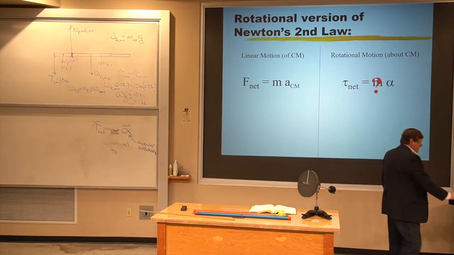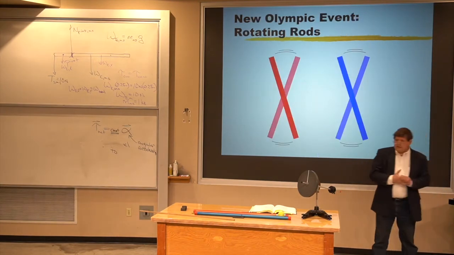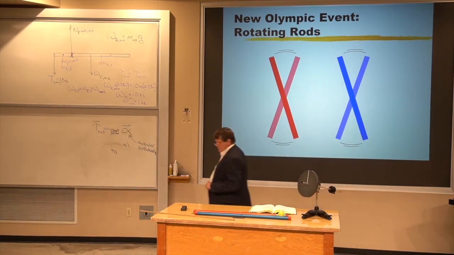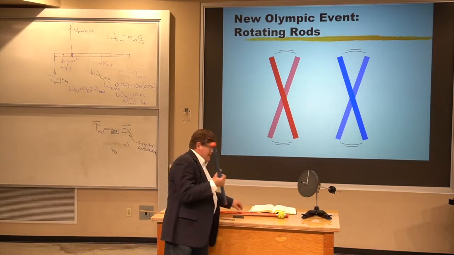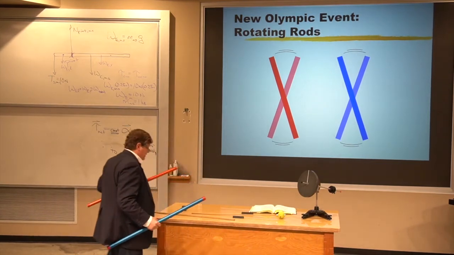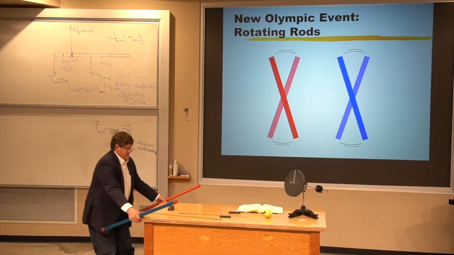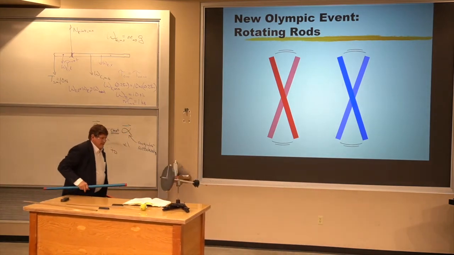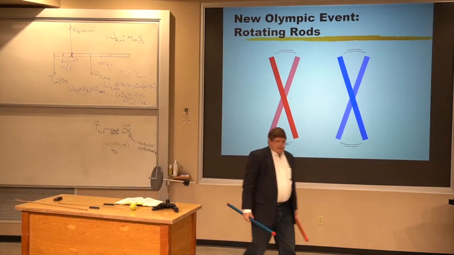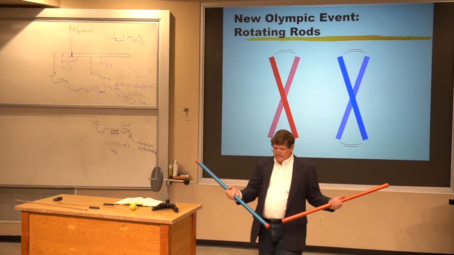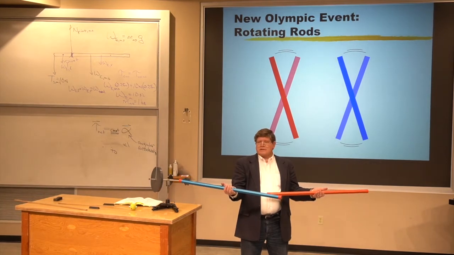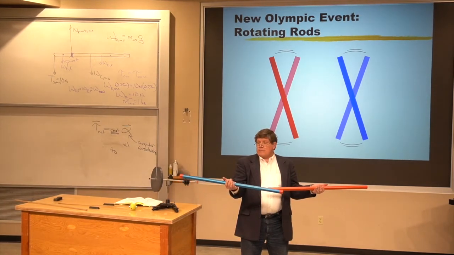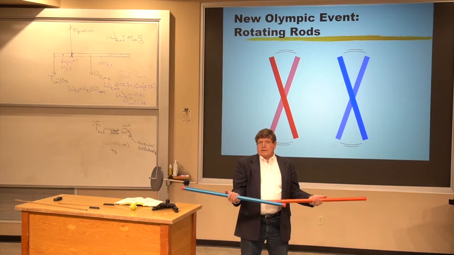Well, to answer that question, I've got a demo that I call the Olympic event rotating rods. It would be more effective if I had you people in the room and I could ask for 2 volunteers, but that ain't gonna happen. What I have here are 2 rods that have exactly the same mass, meaning if I put them on a scale, they would weigh exactly the same thing.